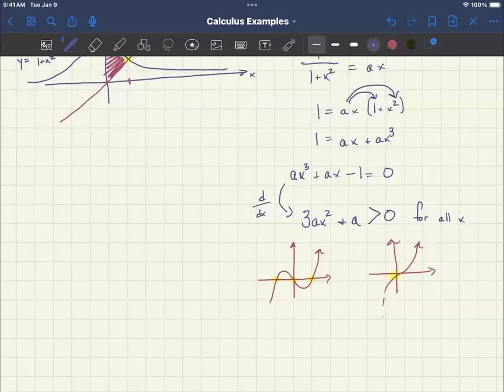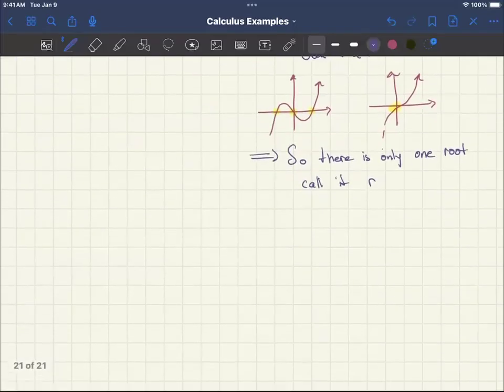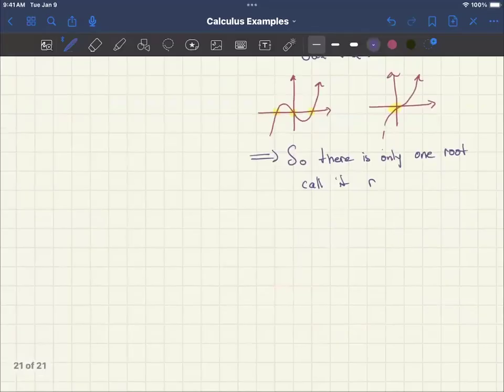This tells us there is one solution to our equation. I'm going to call it R for root. So in other words, this intersects at one point, which makes a lot of sense because you've got a straight line going through another curve. And we're going to say that it only goes through it at a place called R.